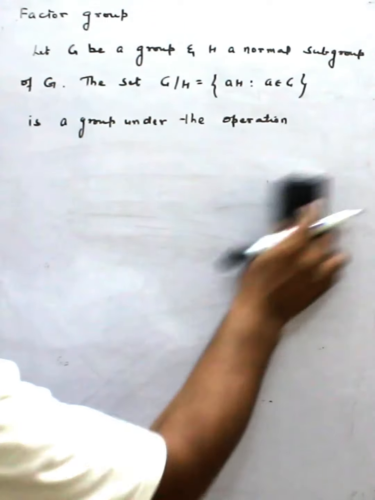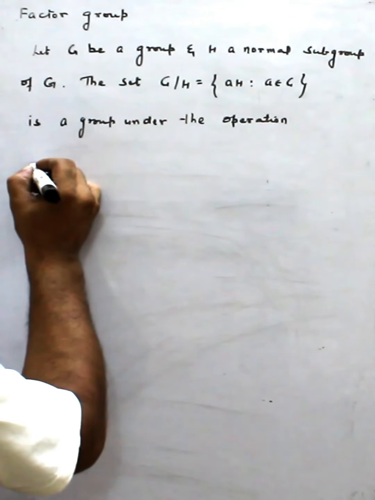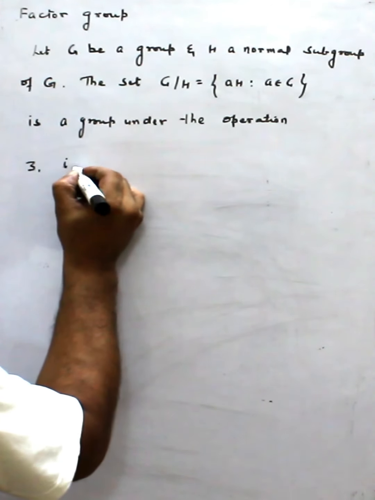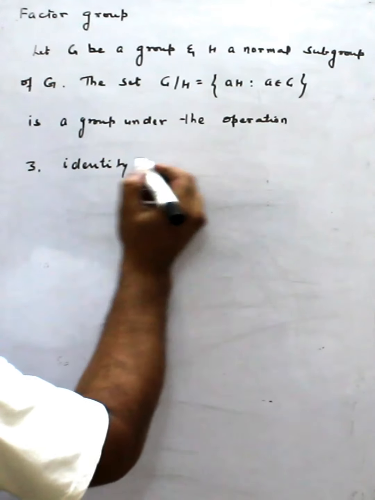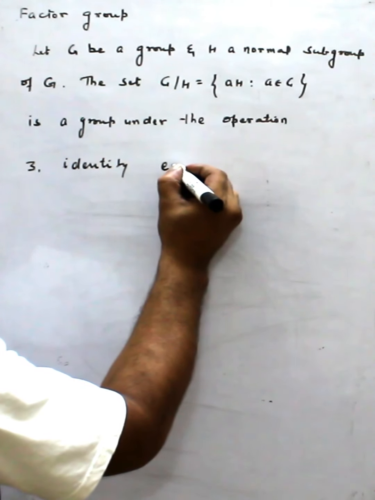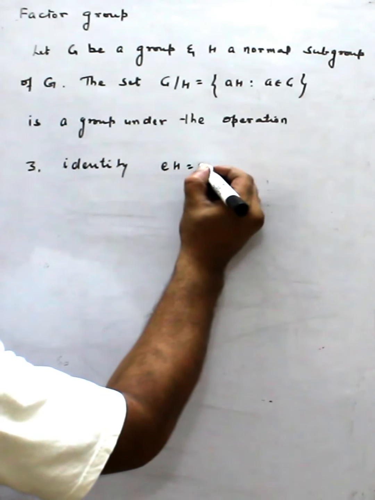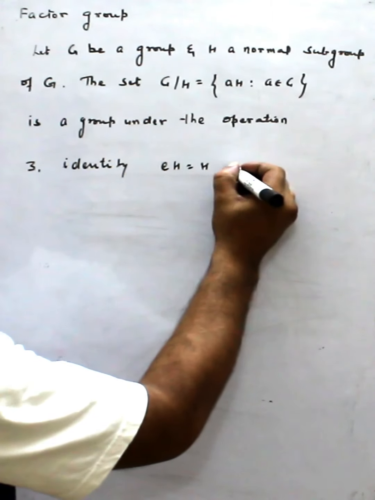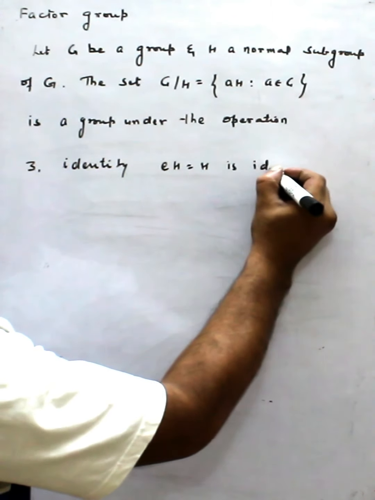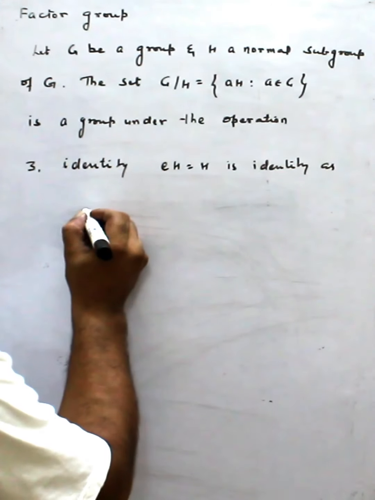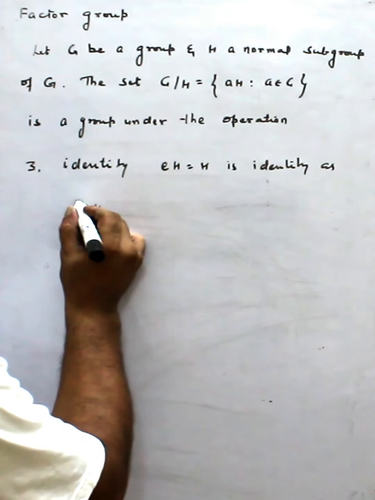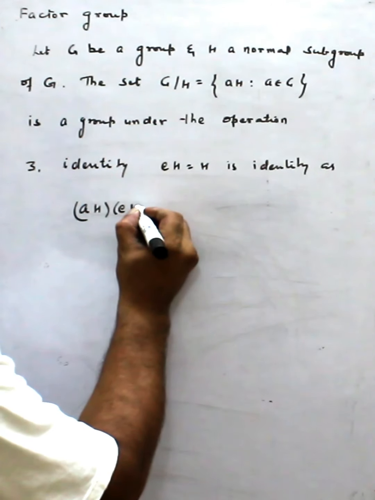Again, the identity element. What is the identity element? Number 3, eH, this is equal to H, is the identity as aH eH.